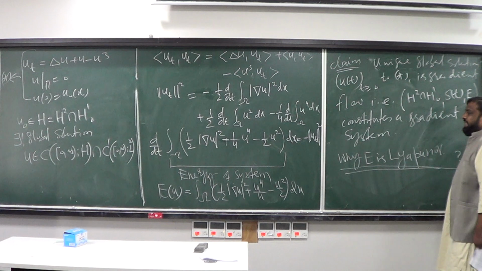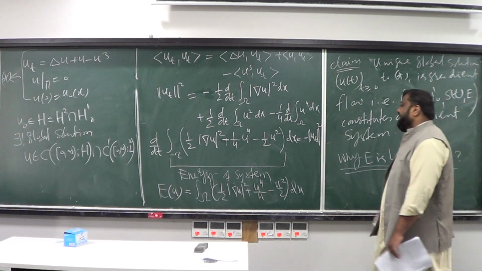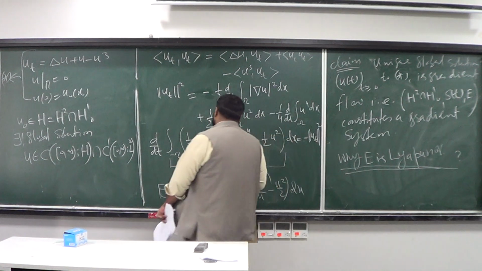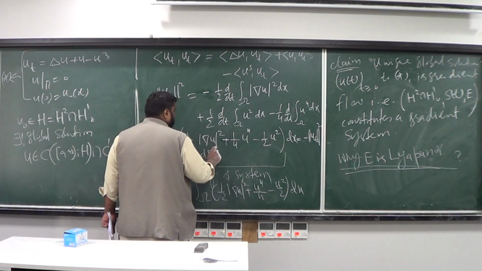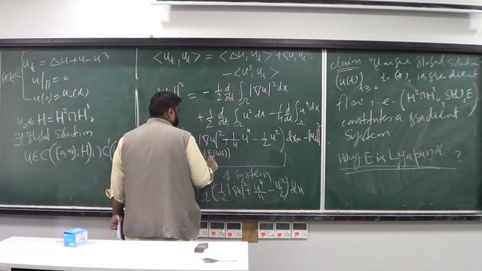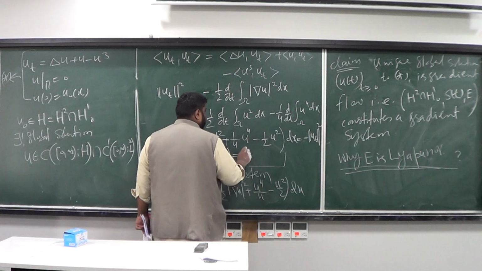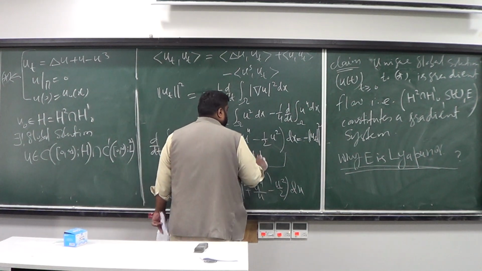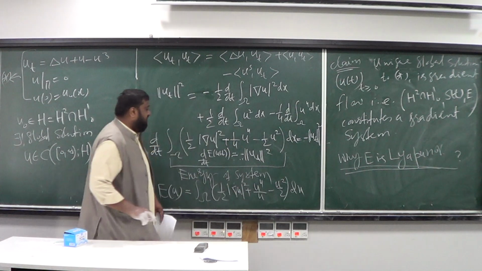What is the next thing? The next thing is that your E should be non-increasing. If you see this equation, you can rewrite it as d by dt of E of u of t is equal to minus the norm of ut squared.